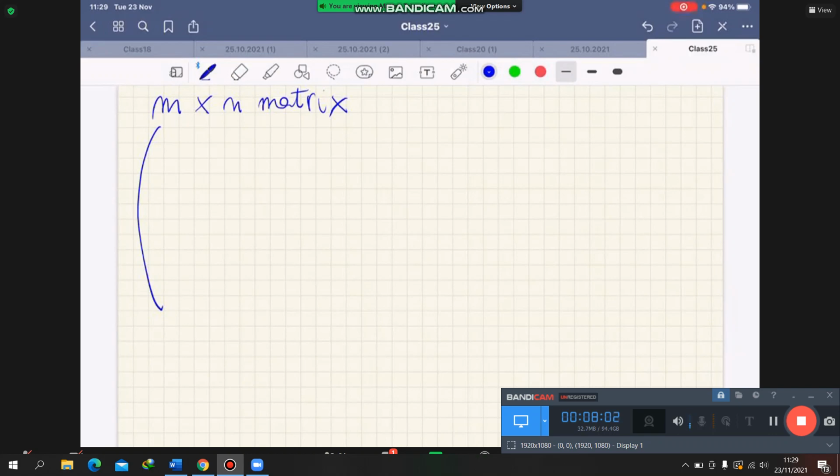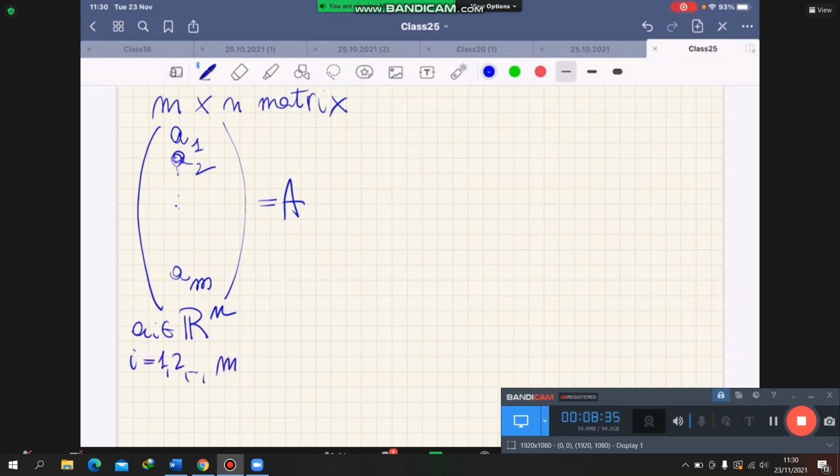We have m row vectors, A1 to Am, where Ai is in R^n. This is equal to A. And this is for i equal 1, 2, to m.